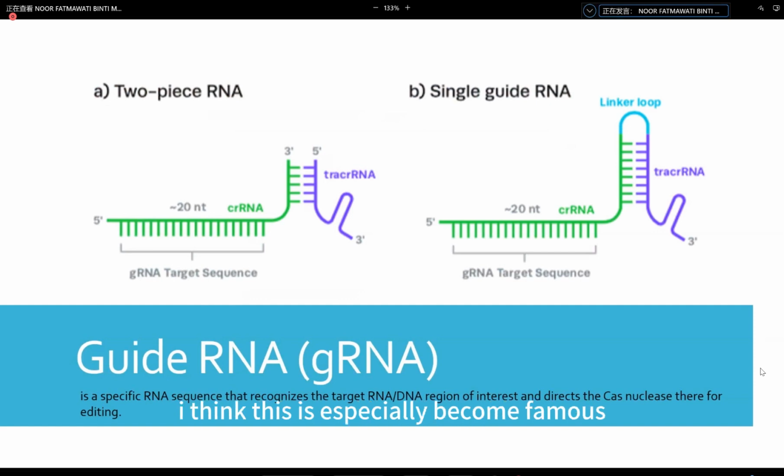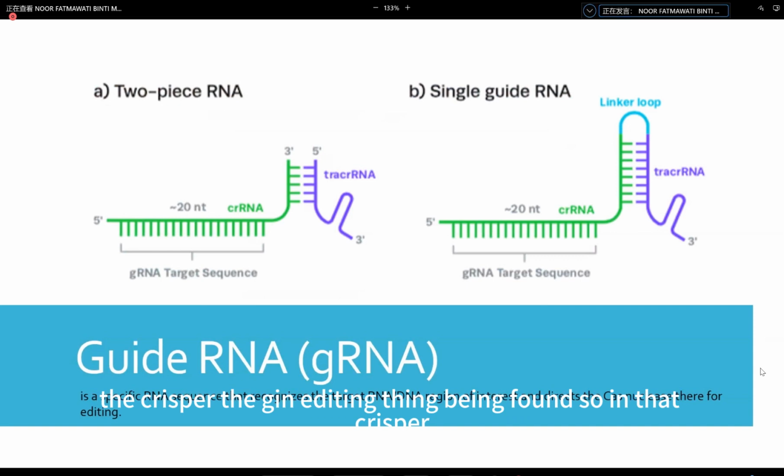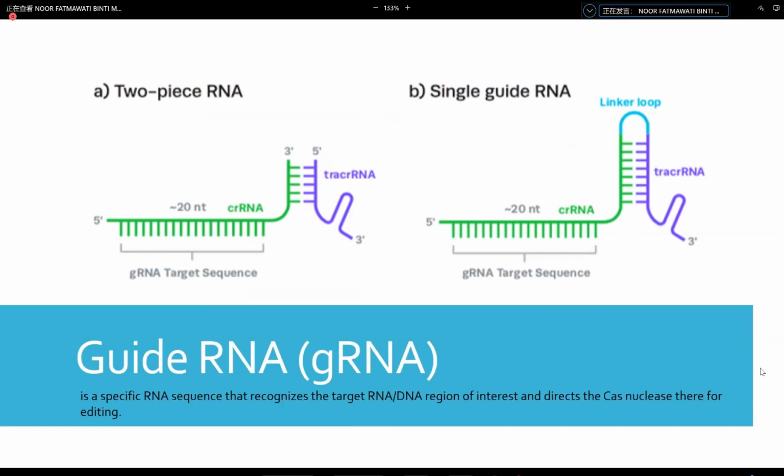I think it became especially famous after CRISPR, the gene editing technique, was found. In the CRISPR method, you have an enzyme called Cas.